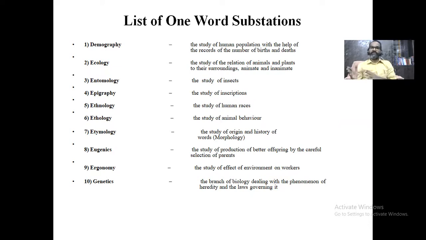Ecology: we can say ecological balance, or ecological imbalances. Because of ecological imbalances, we are facing many things today: more rains, and at the same time other imbalances in the weather and climate. So ecology is the study of the relation of animals and plants to their surroundings, animate and inanimate.